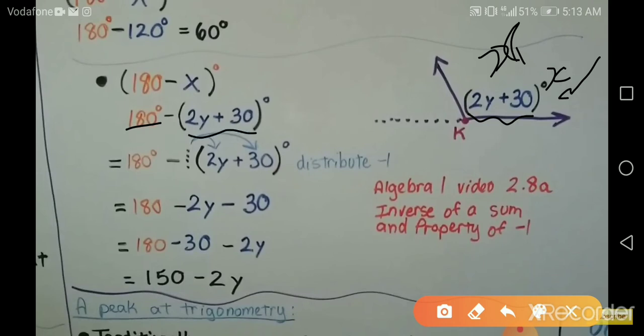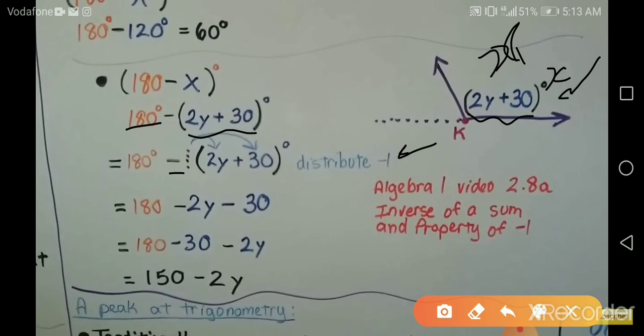I will now do what? I have a negative here, an invisible 1. Do you see the dots? It means this is negative 1. So I'm going to distribute the negative 1. When I multiply negative 1 times 2y, it will give me negative 2y.